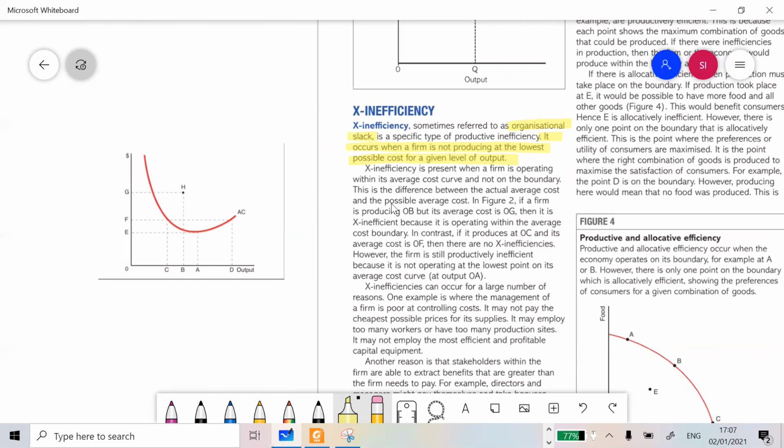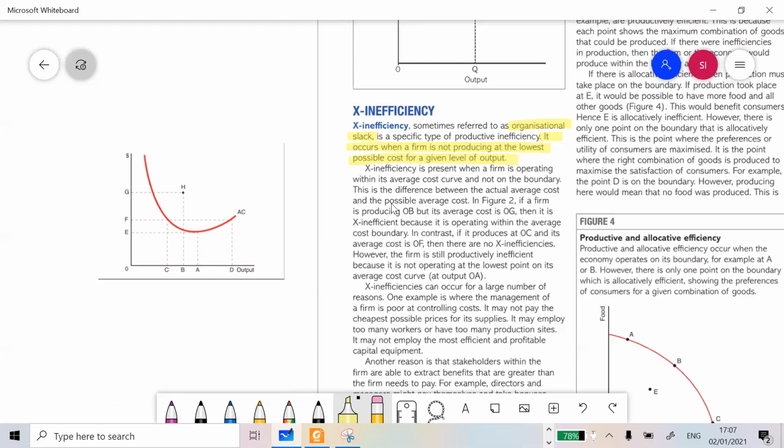X inefficiency is present when a firm is operating within its average cost curve and not on the boundary. This is the difference between the actual average cost curve and the possible average cost. In figure 2, observe this figure on your left side.